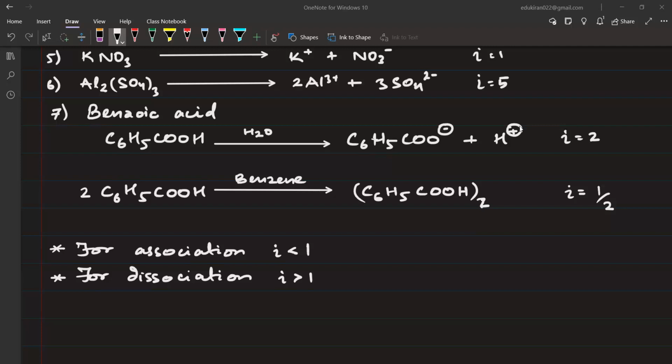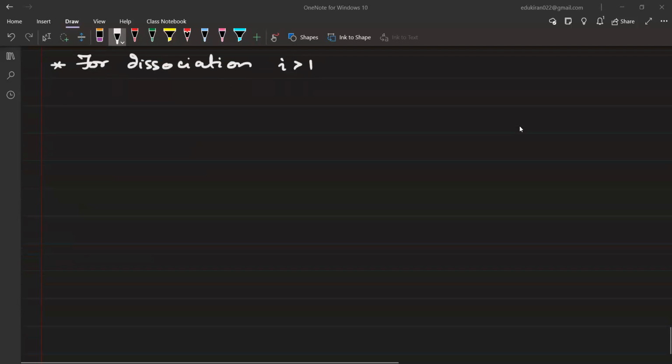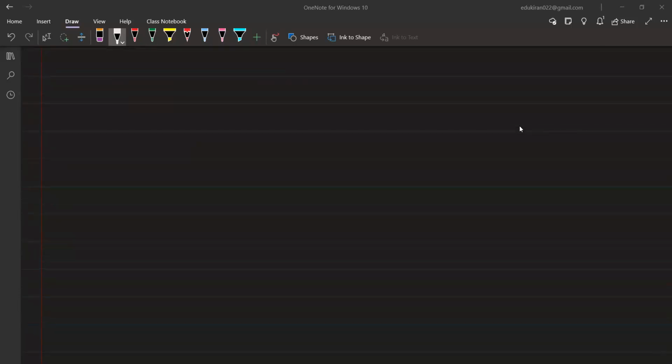That means there are cases in which it is partially dissociated, and obviously we know whenever you have electrolyte it will break, and it will be either a strong electrolyte, that means breaking up 100%, or it will be a weak electrolyte breaking up only 50%, right? So for weak electrolytes, please see here, the case of weak electrolytes.